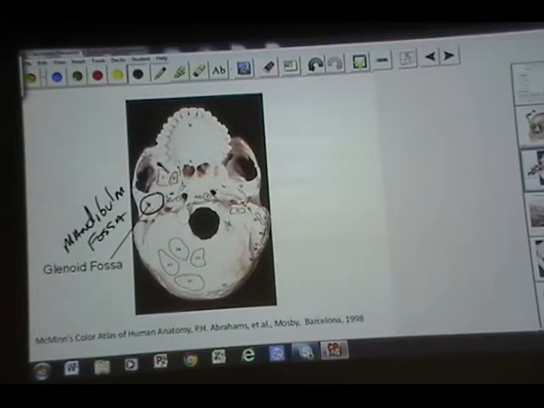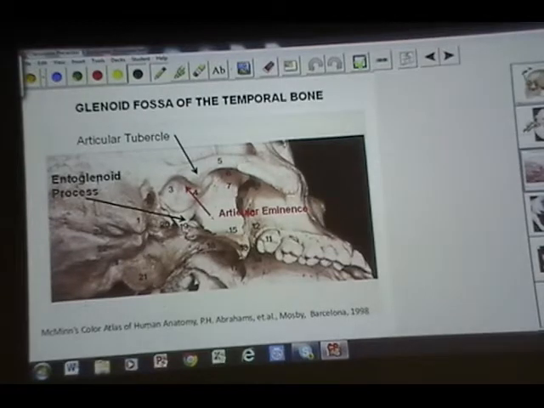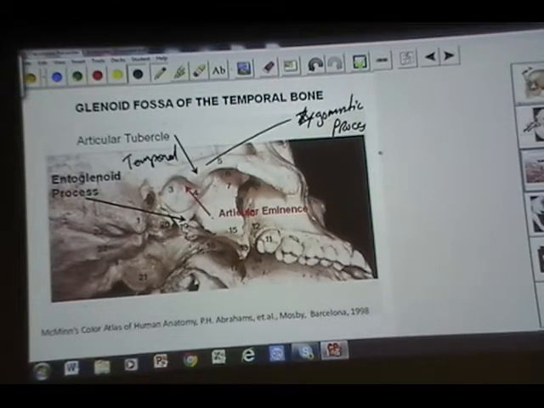We take a close-up of this region. We can see certain areas associated with the relationship of the mandible and the maxilla. Here is temporal bone once again. And here is its zygomatic process. Now on the zygomatic process, just in front of the glenoid fossa, there is a bump on the outside.